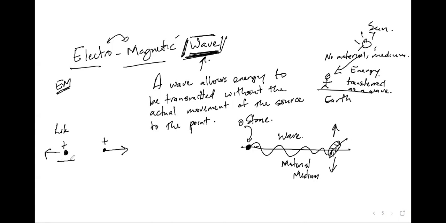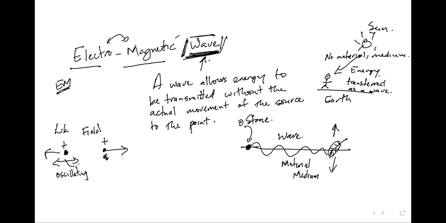So suppose this one is now oscillating. This one is in the field, the region where the force is experienced. So this charge is now in the field of this oscillating charge, so it will also experience a force, but that force is varying.